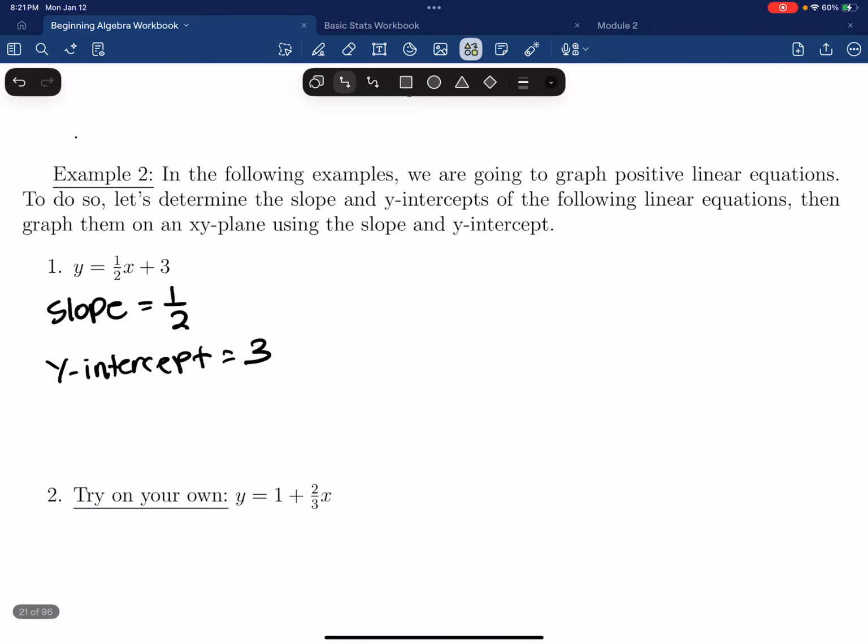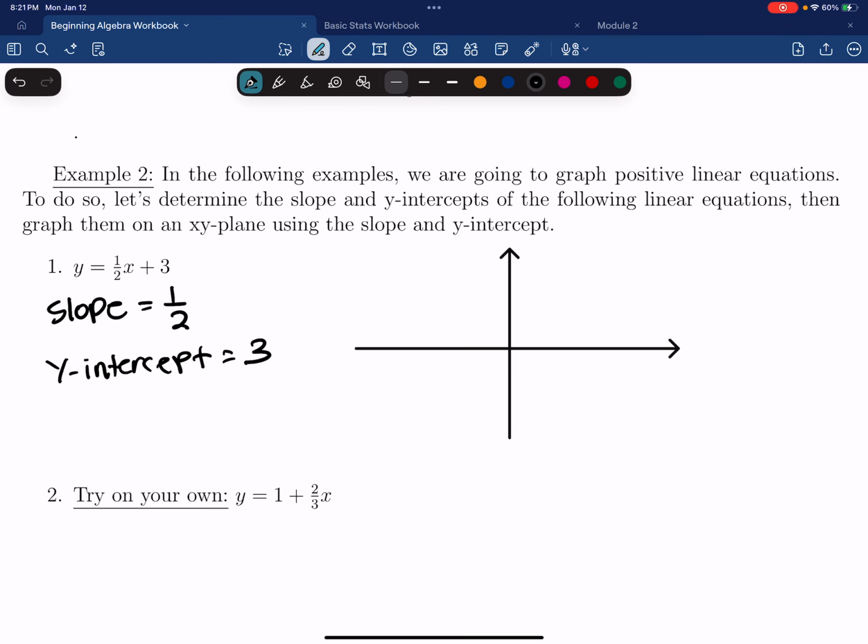So I'm going to draw out the y-axis and the x-axis. I'm going to say this is our x-axis, this is our y-axis. Now we're going to draw out some tick marks. 1, 2, 3, 4. -1, -2, -3, -4.